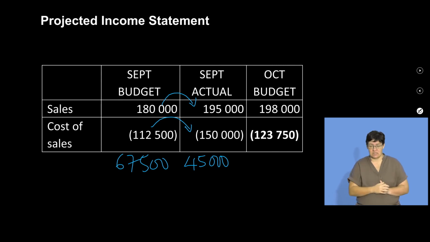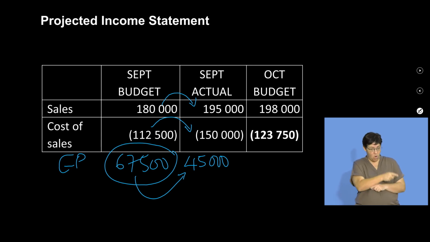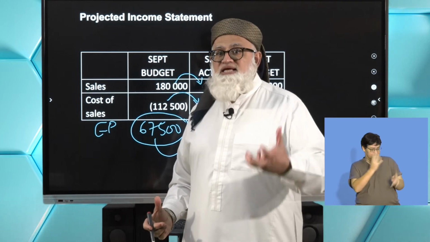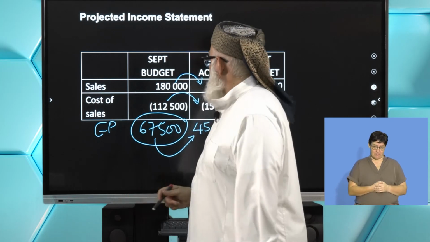Therefore, this means that your gross profit has actually decreased from 67,500 to 45,000. Okay, and clearly now this strategy has not worked for her. As you can see, although the sales increased, your profits actually decreased.